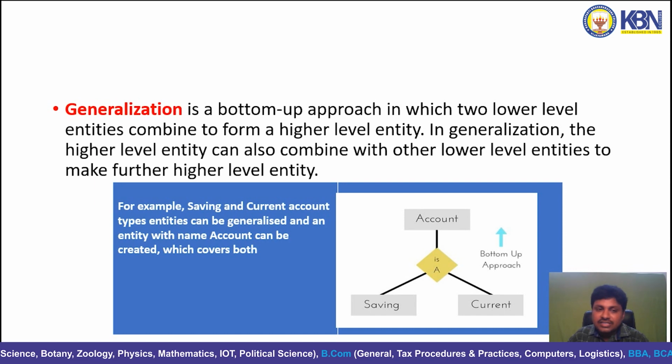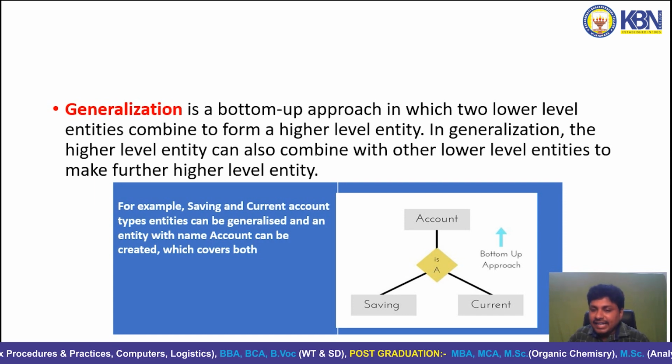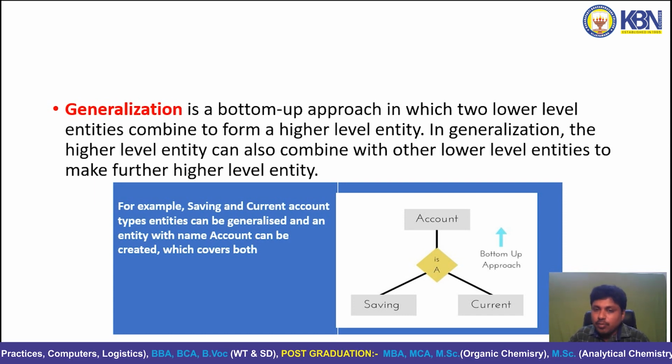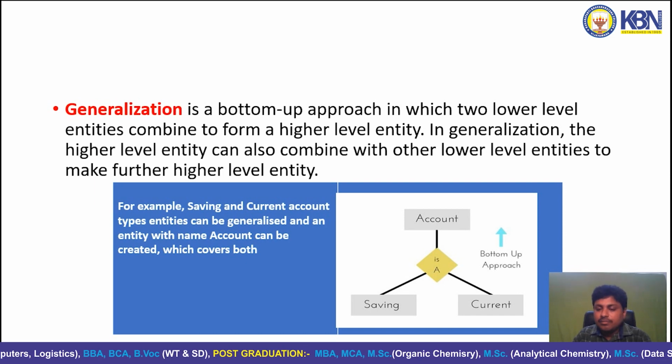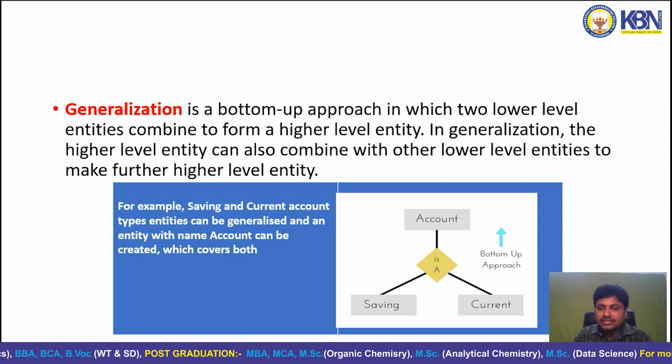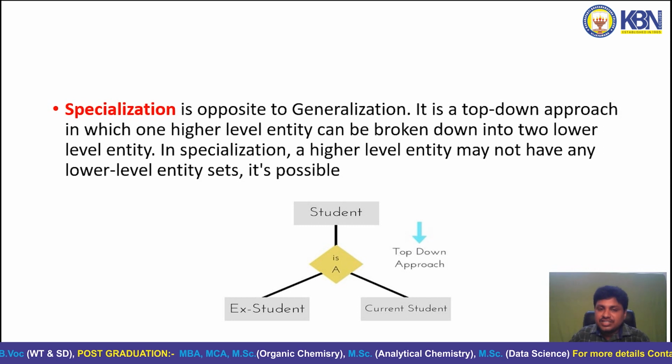Saving and current accounts are entities that can be generalized into an entity named account. It is a bottom-up approach because the account covers both saving and current accounts. This is one of the best examples of generalization.